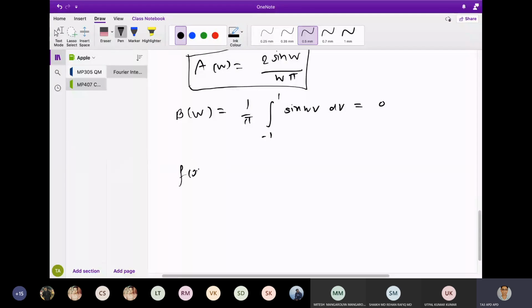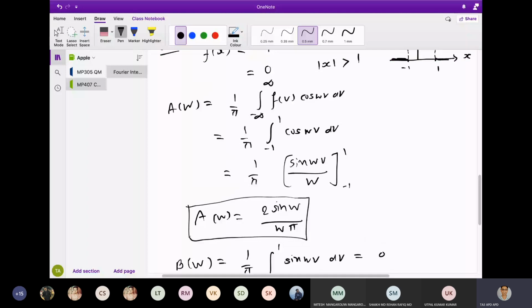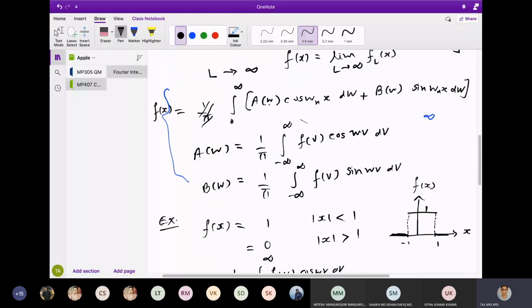Now let us plug in these values in your Fourier series. So f of x equal to the integral from 0 to infinity of A as a function of w into cos wx dw. So we just have the value of A and cos wx dw.